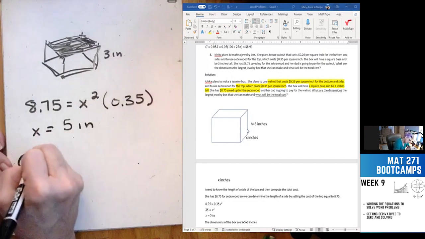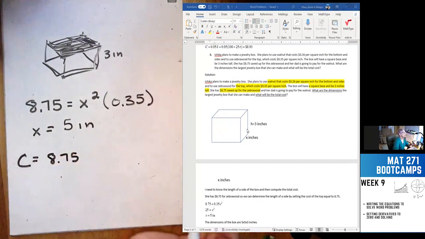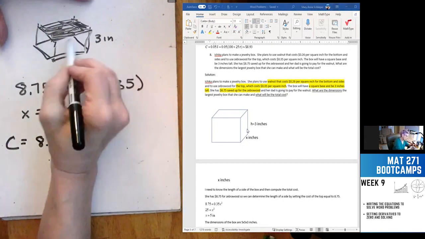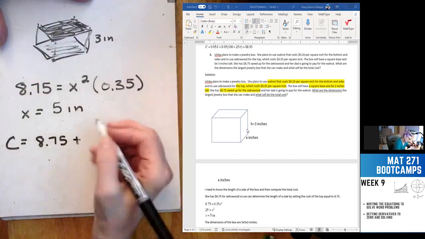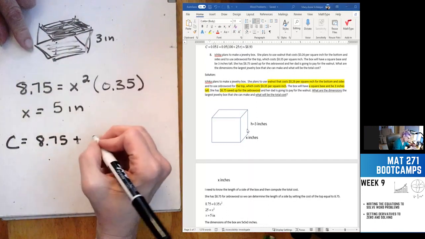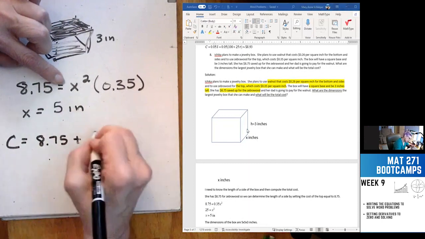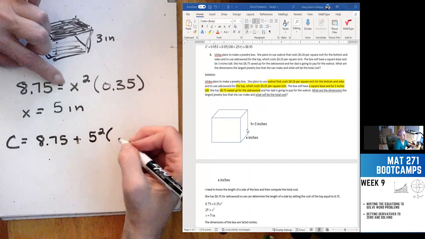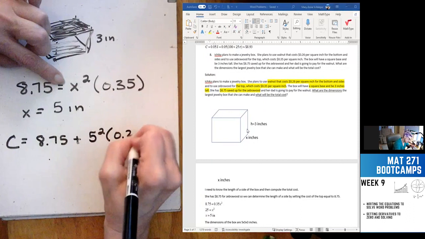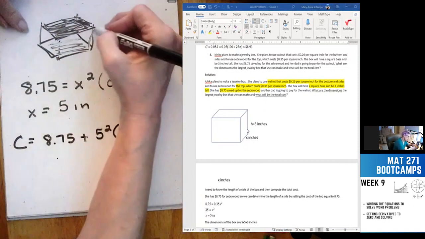So the cost of the box is going to be equal to the cost of the top. We already know that is $8.75. Then we have the bottom here, and the bottom is going to have the same area as the top. So that would be x squared times the cost of walnut, and walnut was 26 cents per square inch. Now we need to know the height.